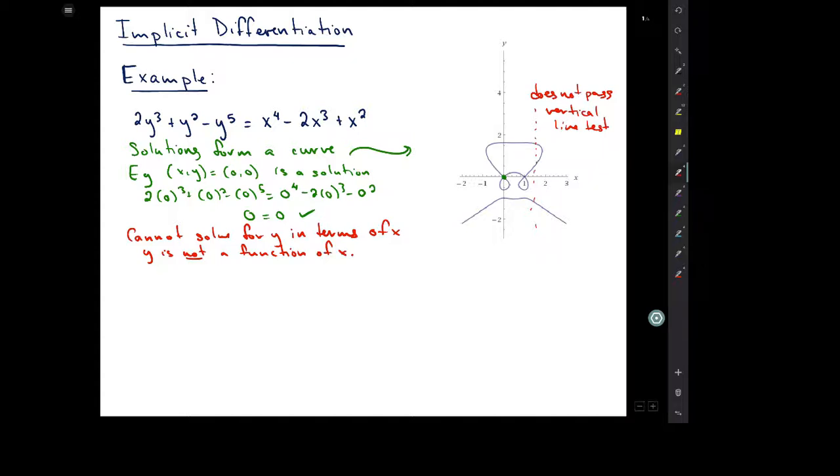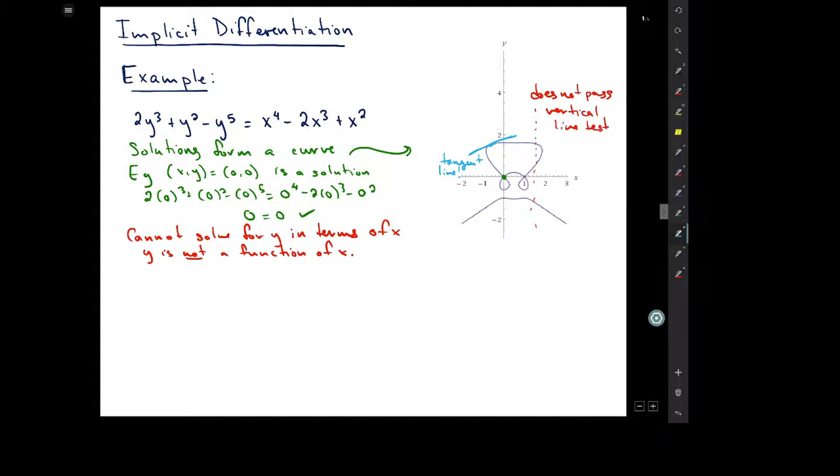Okay, but if I look at this picture, I still have tangent lines. If I have this point, I still have tangent lines. And so we still want to be able to take derivatives.